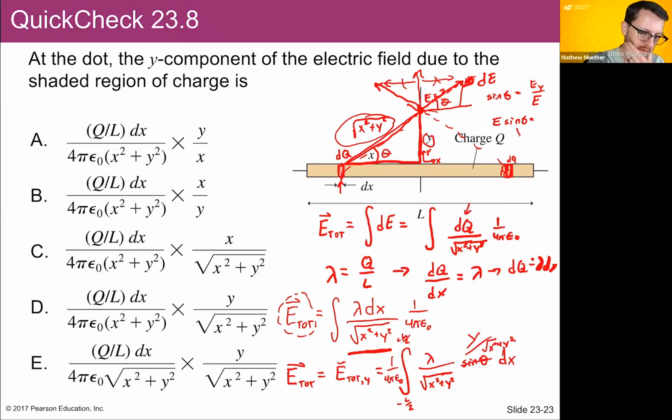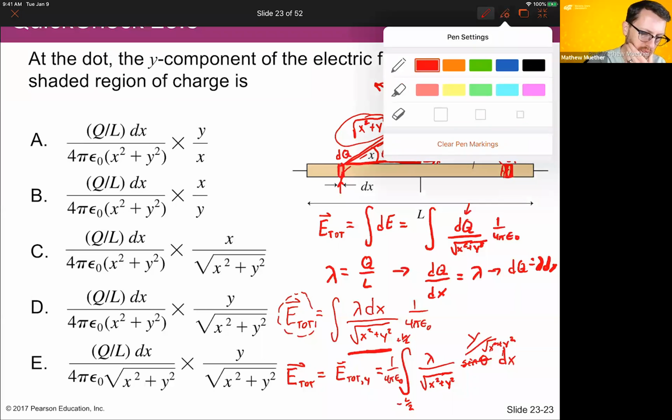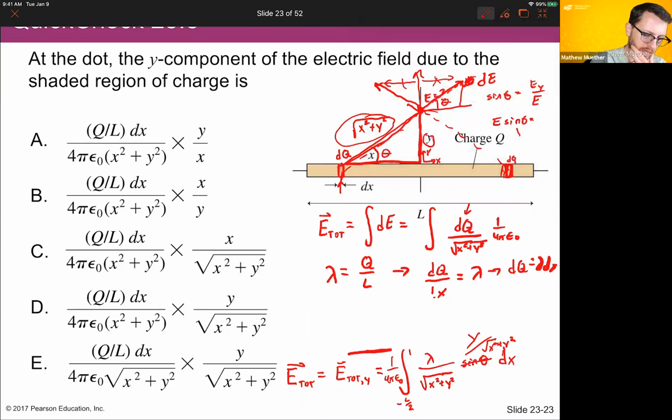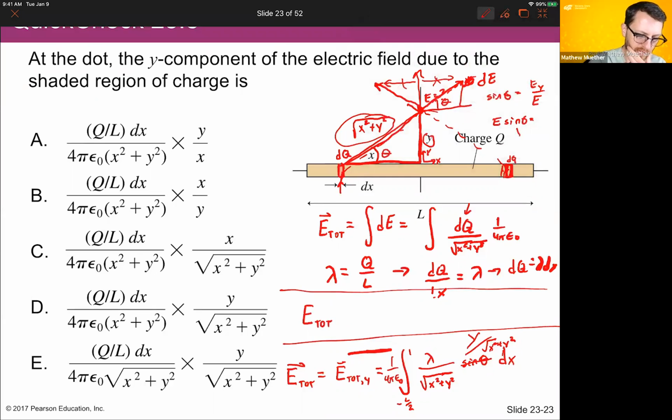So let me scrub some of this off here. Sorry, I should find a better way to do this. Let me get rid of this piece here. And we can see that the total electric field at that point in space has got to be equal to 1 over 4 pi epsilon naught, integral minus L over 2 to L over 2 of lambda.